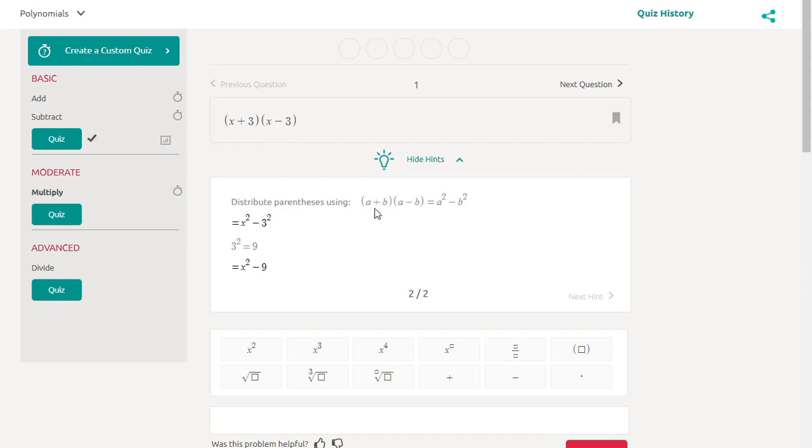When these two multiply, this a goes to this side and we get a squared. A multiplied with this is negative ab, and this multiplied with this becomes positive ab. So both cancel and only the last one is left, which is negative b squared.